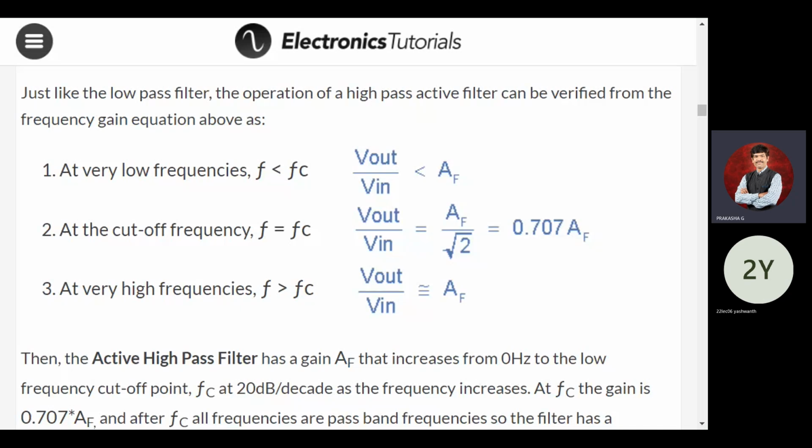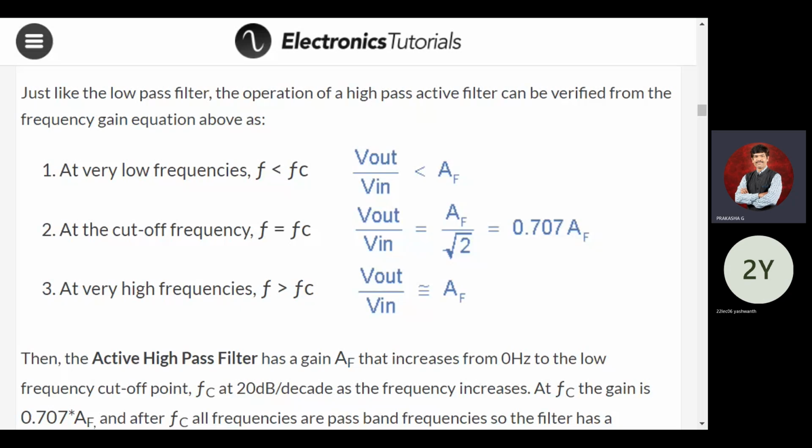So better to have some common terms, so it will be easy for you to determine. This is the second order high pass Butterworth filter. We will be having a 40 dB cutoff instead of 20 dB cutoff. That completes the second order high pass filter.